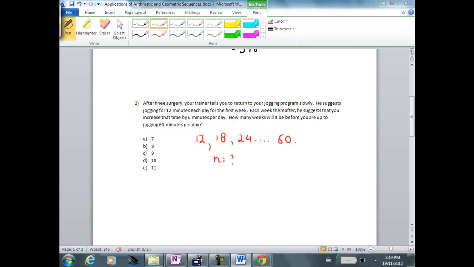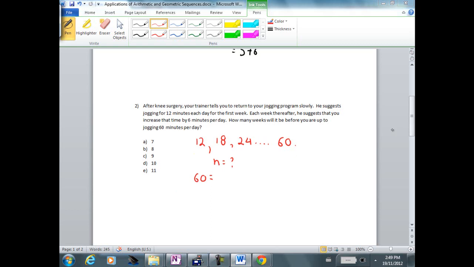That's what I'm looking for. So this is going to be 60 equals 12 plus n minus 1 times 6. If you're lost, use the formula. If you did this correctly, n should be 9.